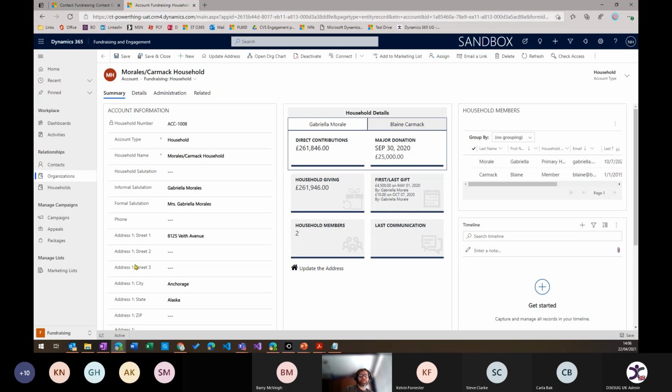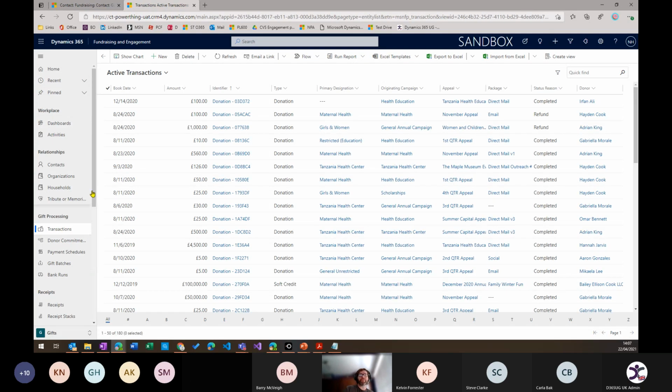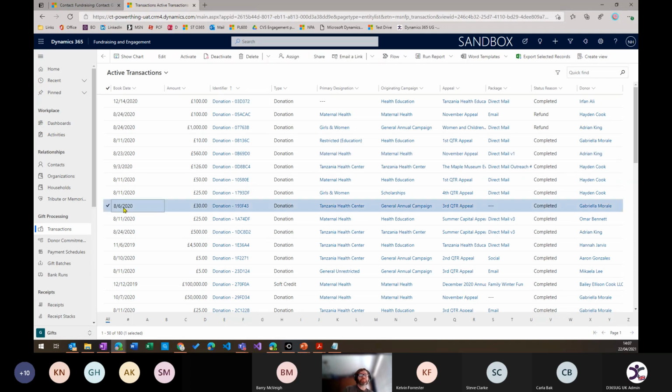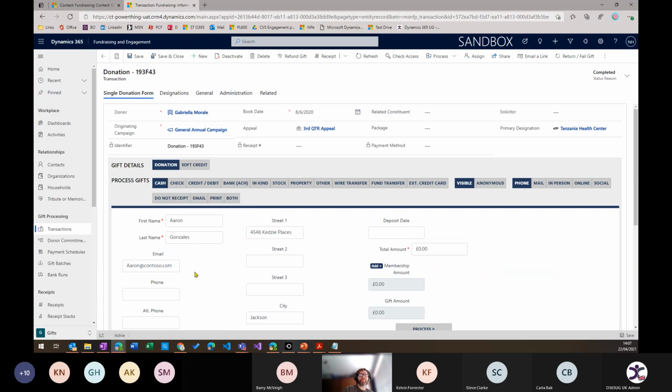And then if I look at something like the donations, so if I go to gifts, the transaction entity we looked at in the not-for-profit accelerator was literally just a form, and that was it. If I look at what we've got in fundraising engagement, you can see I've got a more targeted user interface.